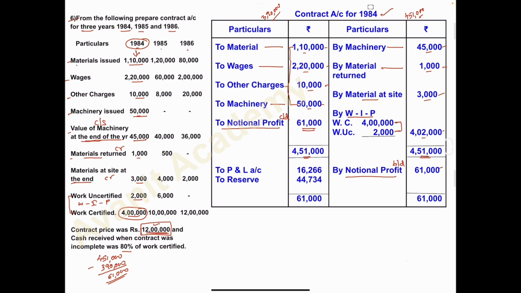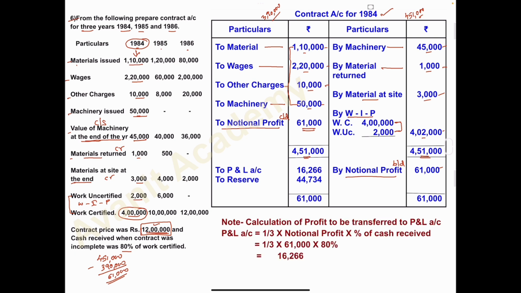So we'll calculate. The formula is profit and loss account is equal to one-third into notional profit into percentage of cash received. In this problem, in 1984, the notional profit is 61,000, into the percentage of cash received.